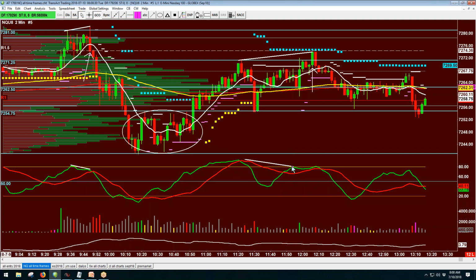And look, if we adjust our divergence line here, you can see that we still have a higher high on price right here compared to here. And on the stochastic, we have a lower high here than here. So we could short that. And this is a much better area to enter because now we have room down to the area of support that had been holding. So you can enter in under this bar or this bar. Either way, it won't matter.